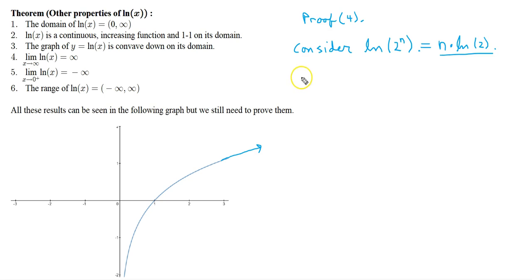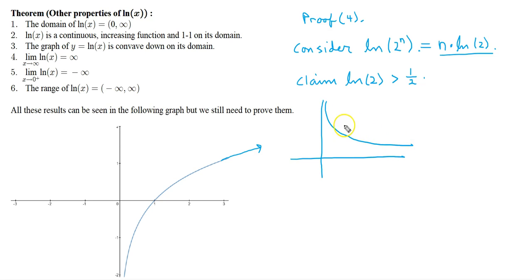Now I claim that the natural log of 2 is larger than 1/2. Alright, now why is that true? Why is the natural log of 2 larger than 1/2? Well, if we consider the graph of 1 over t, remember that the ln of 2 is just going to be the integral from 1 to 2 of 1 over t dt.